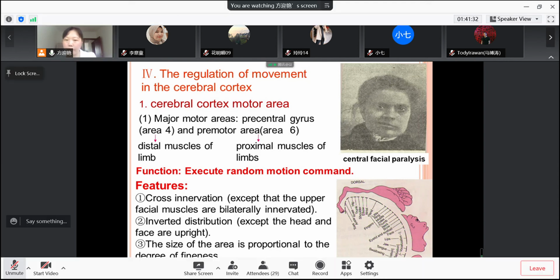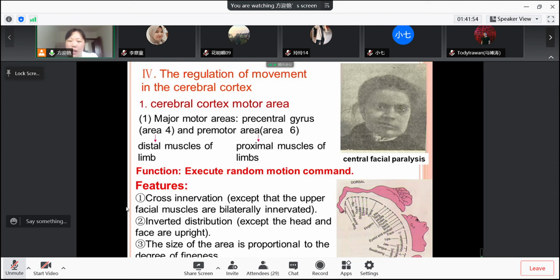Okay, first feature: cross innervation. It means that the efferent fibers cross the spinal cord.